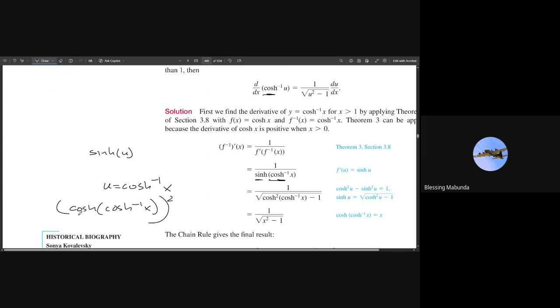The result is equal to x, because it's a function, and as its argument it has its inverse, and you know that it's just going to give you that independent variable, and that's x. Does that make sense?